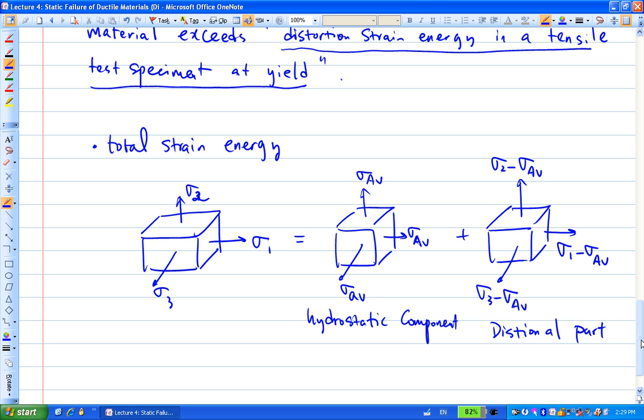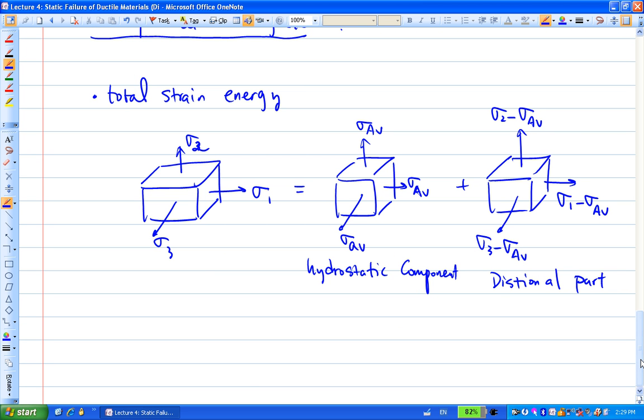So this is basically the model from which the following equation will be derived. I'm not going to derive this here, just to show you what happens.